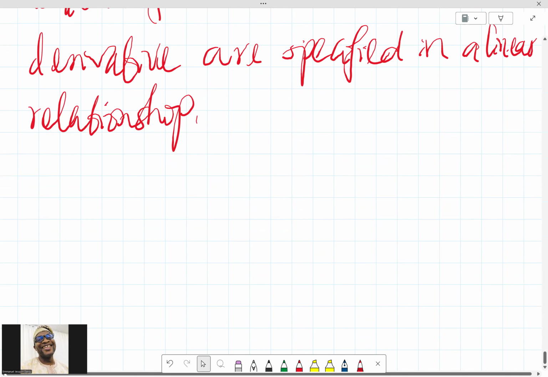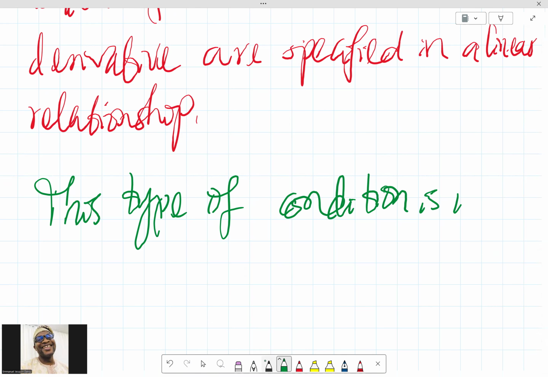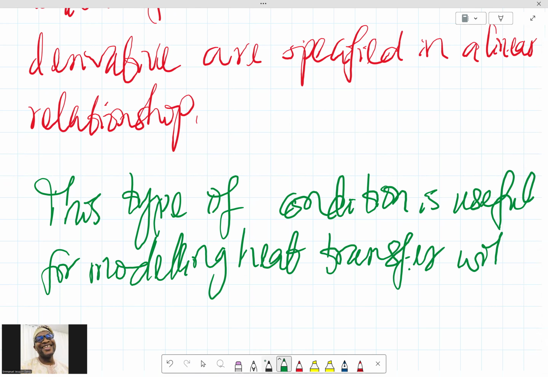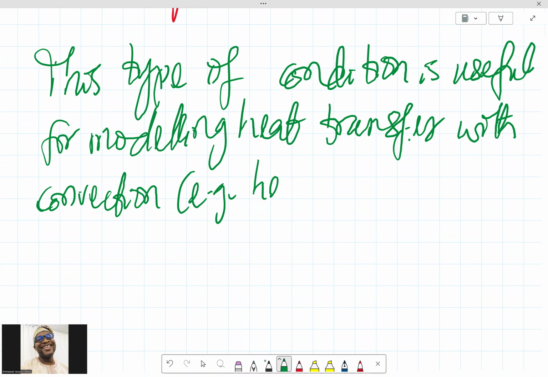This type of condition is useful for modeling heat transfer with convection, e.g., heat loss to the surroundings.